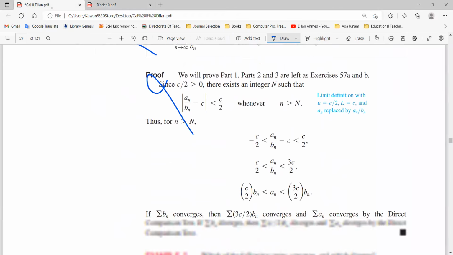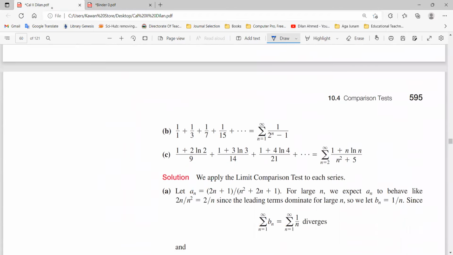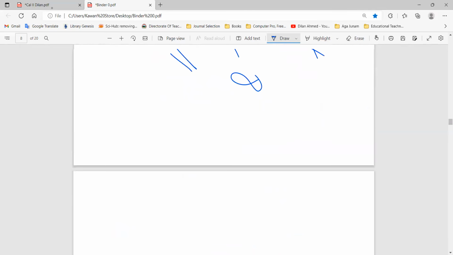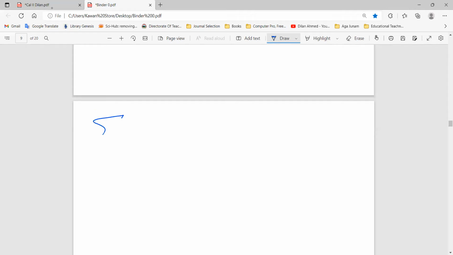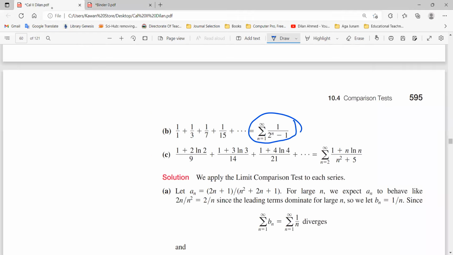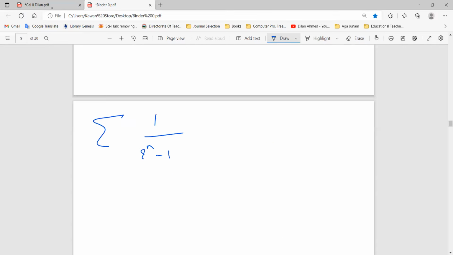We are going to the second example. Look at here. The series of 2 to the n minus 1, n from 1 to infinity. Is it a geometric series?